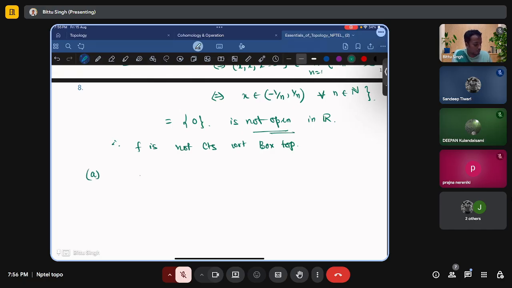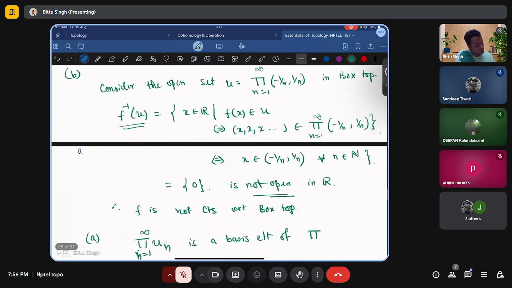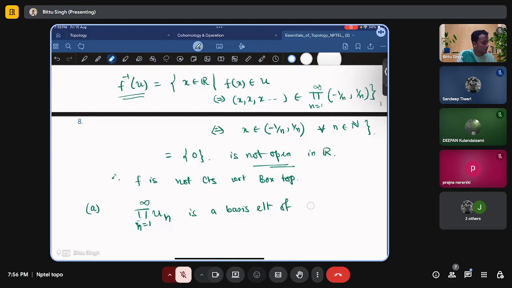Take a basis element, which will look like a product of U_1 up to U_n, of the product topology on R to the power N, where I am taking a countable product, R cross R and so on.